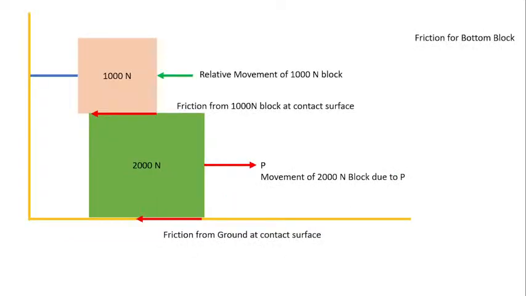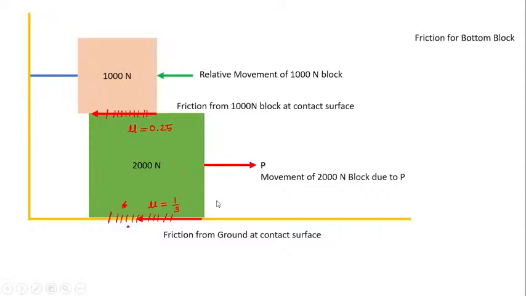Friction will be developed between the contact surfaces of block A and block B, and between block B and the ground. The coefficient of friction between block A and block B is given as mu equal to 0.25, and the coefficient of friction between block B and the ground surface is given as 1 by 3 mu, that is mu.